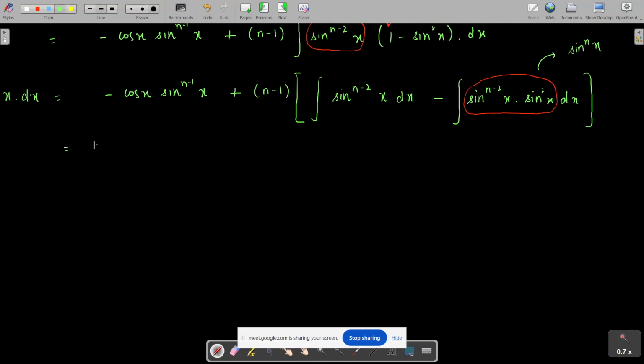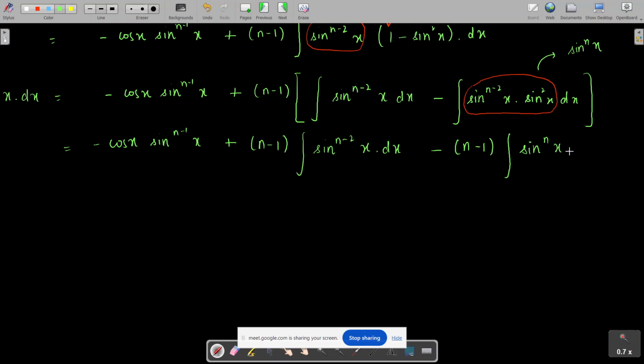Okay, so now we will write this entire thing, and you can see that we are very close to our solution. Sine n minus 1x plus n minus 1 times, I'm distributing this n minus 1 inside now, so this is integral of sine n minus 2x dx minus n minus 1 integral of sine nx dx.